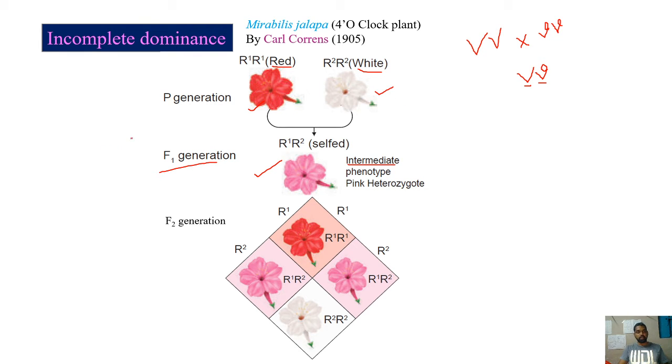So here we cannot use the word dominance because red is not dominant over white here. Instead, it is incompletely dominant over the white. So when he performed self-hybridization among these, again in the F2 generation, he found red, pink and white plants in a 1:2:1 ratio.